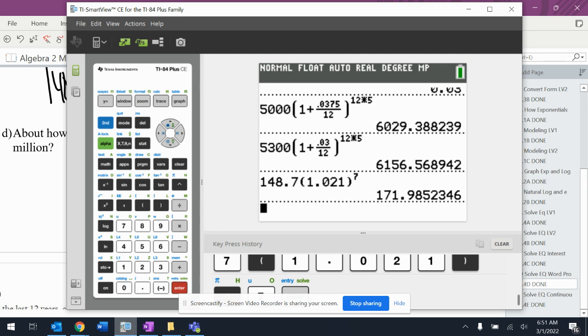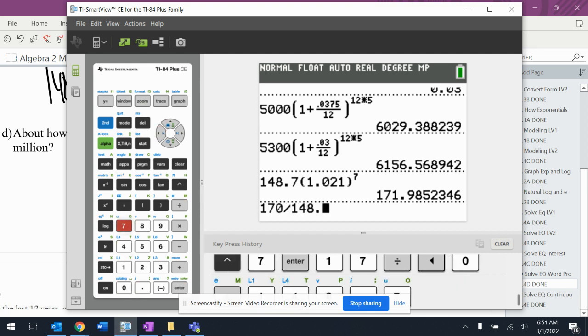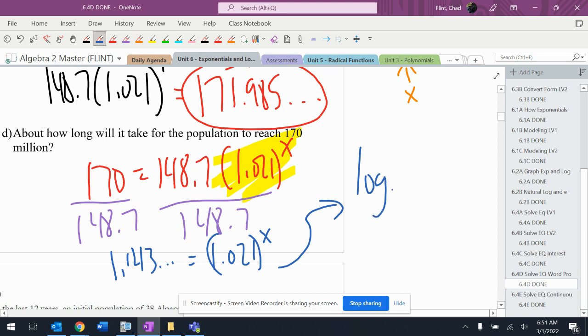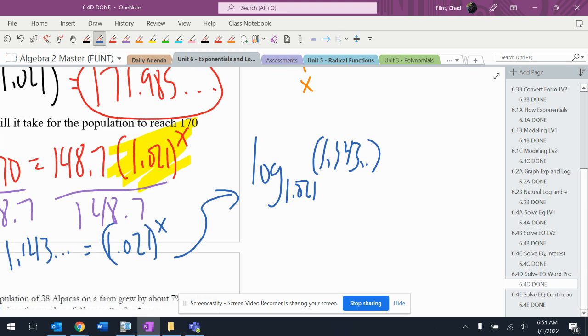I'm going to get 170 divided by 148.7, 1.143, equals 1.021 to the X. Change it to a logarithm: log base 1.021 of 1.143 equals X.